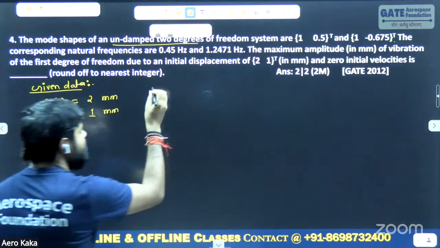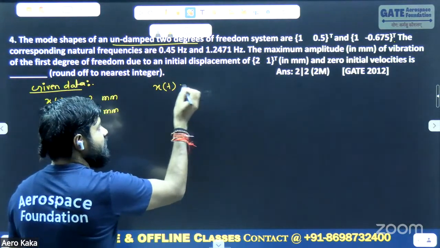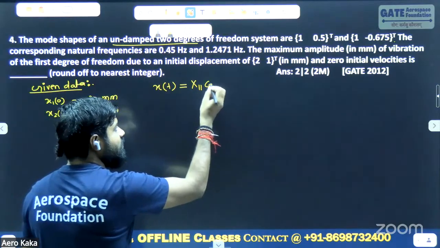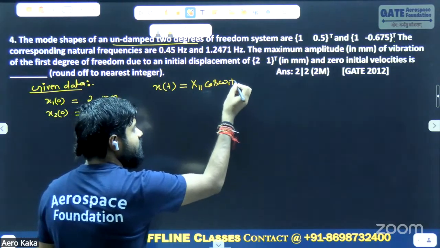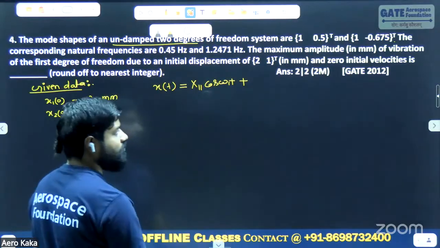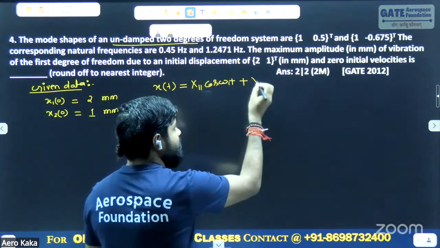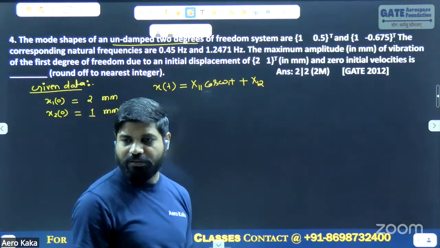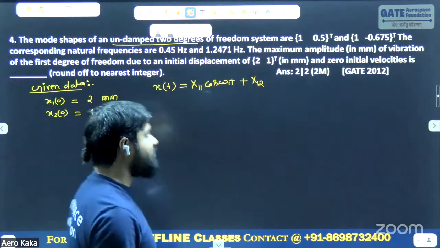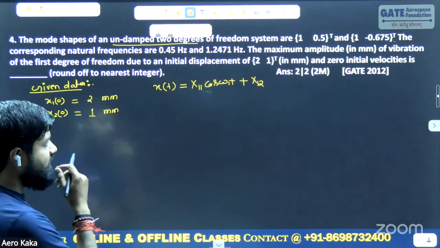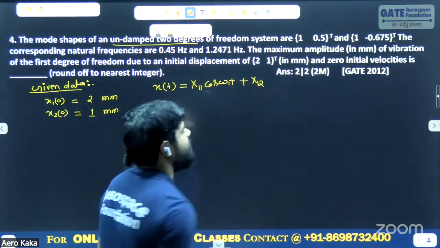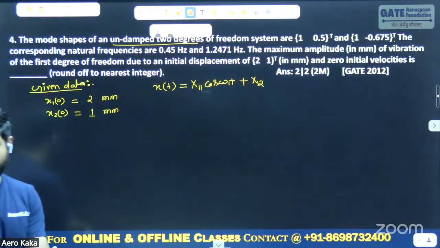Please remember, the motion x(t) we generally define as equal to, could you tell me how much? X11 cos omega 1 t plus how much? X12, very good. Sin or cos? It should be cos.